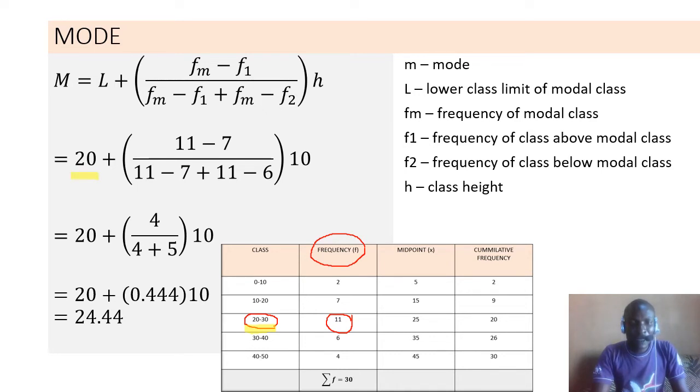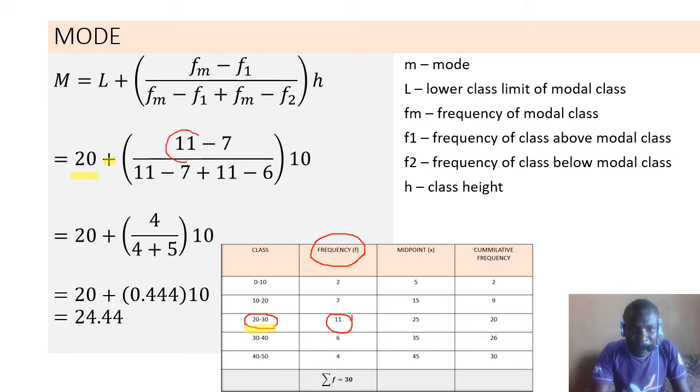Then once we write 20, we add this whole bracket, it's a bigger one. Then Fm, we said Fm is the frequency of the modal class. If you look at this column, class 20 to 30, its frequency in this case is 11. That is why I have used 11.